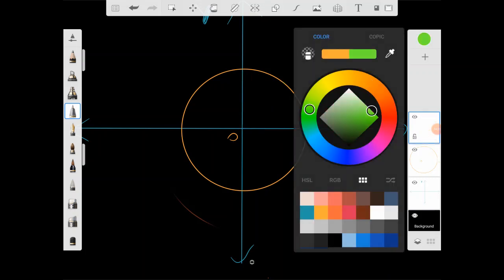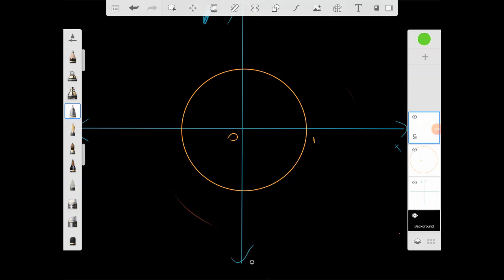Okay, now let us leave all this. Let us take a new angle. Suppose my angle is this. Sorry, this is not my angle, this is my angle.